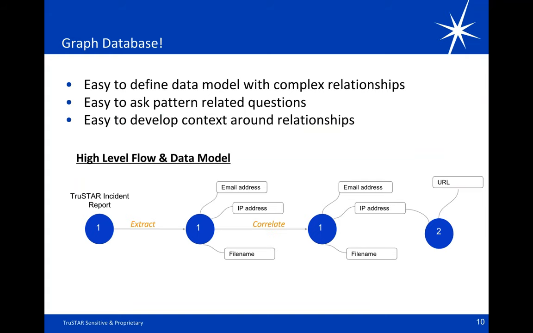Right, so as we think about the data model considerations, and as we think about what kind of relations our users are trying to identify, it became clear to us that a graph database was going to be the way to go. At the beginning of the presentation, Stefan talked about the advantages and some of the differences between traditional databases and graph databases.